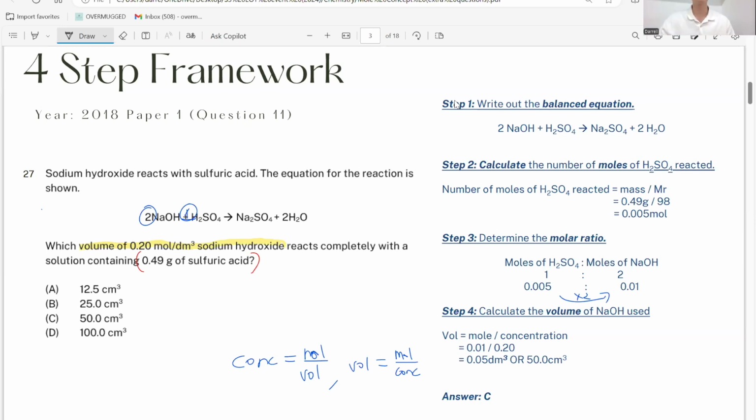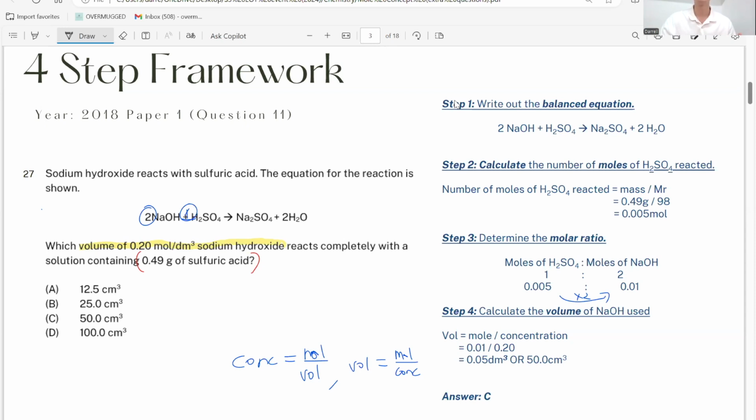Do you all still remember the equation for volume with concentration? Concentration equals mole divided by volume. So how do we find volume? We have to take mole divided by concentration. Now, do we have the number of moles of NaOH? Yes, right? How much is it? 0.01, because we compared the mole ratio to get this. Do we have the concentration?